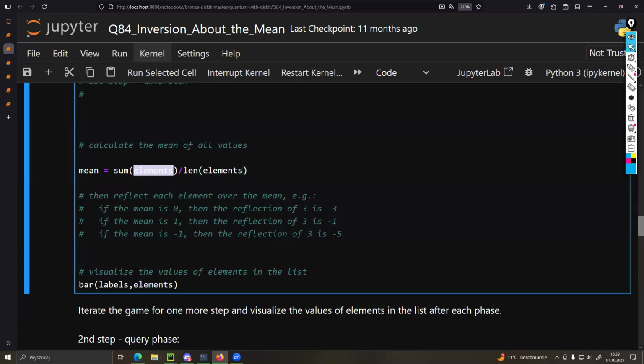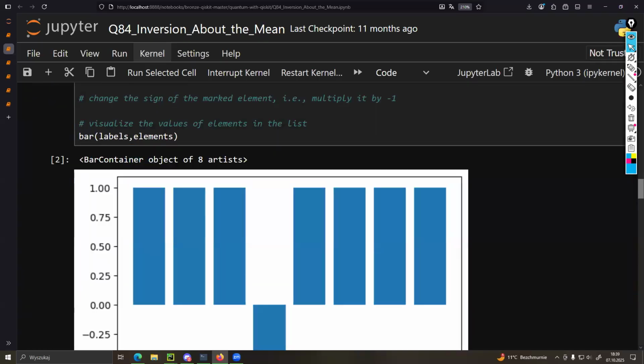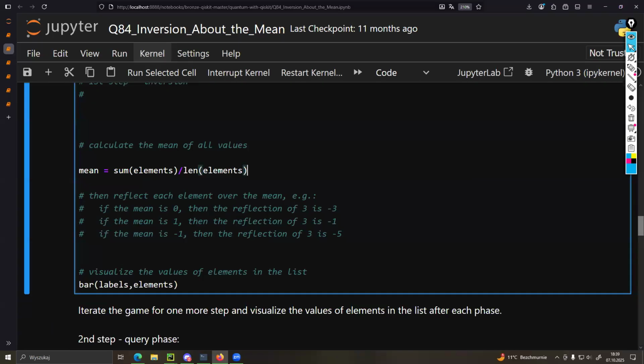The elements are our weighted probabilities, let's say. So these are the weights. We sum the weights, in other words.